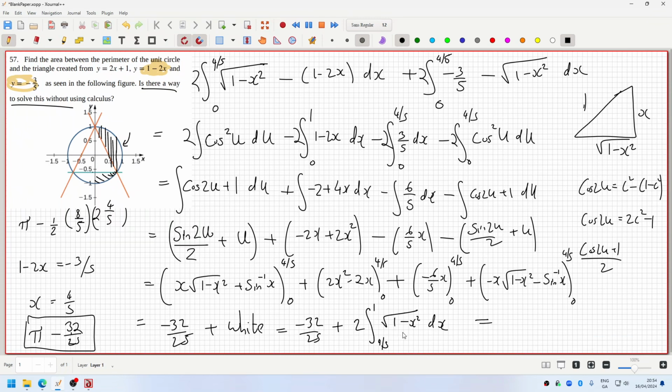Now, we've done this one twice, literally. So it's the exact same substitution. I'll just use the formula and put in the two values.